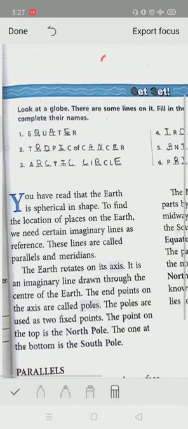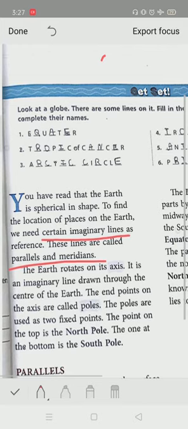To find the location of places on the earth, we need certain imaginary lines as reference. These are called parallels and meridians. Together, these imaginary lines help us to locate a position on the earth.